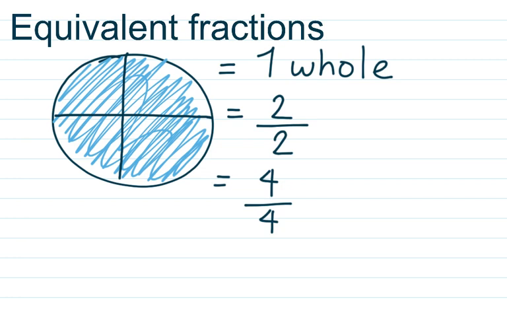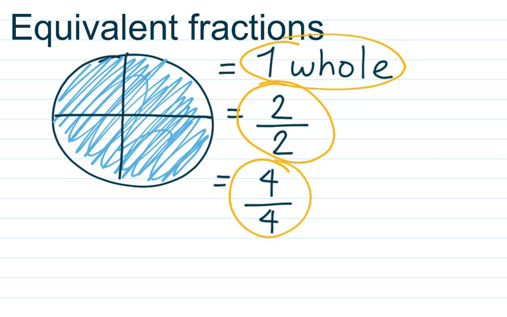That means that one whole, two halves, and 4 fourths are all equivalent fractions. They mean the same. When you put them in a model, they show the same exact area.